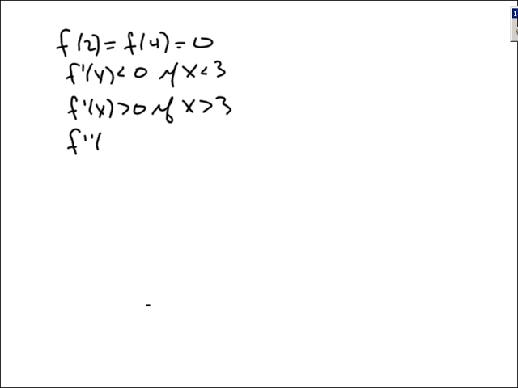And f double prime of x is negative if x is anything but 3. Given this, sketch f of x.